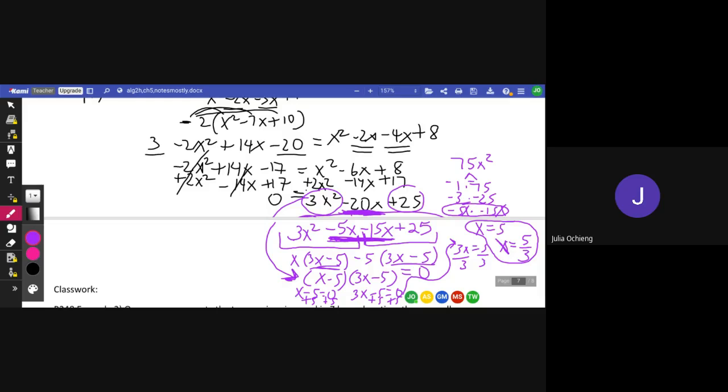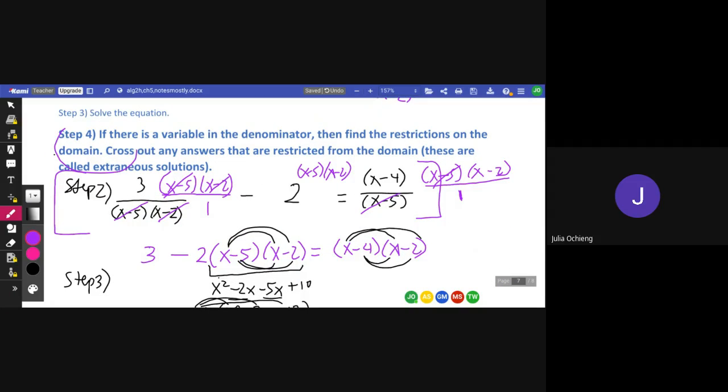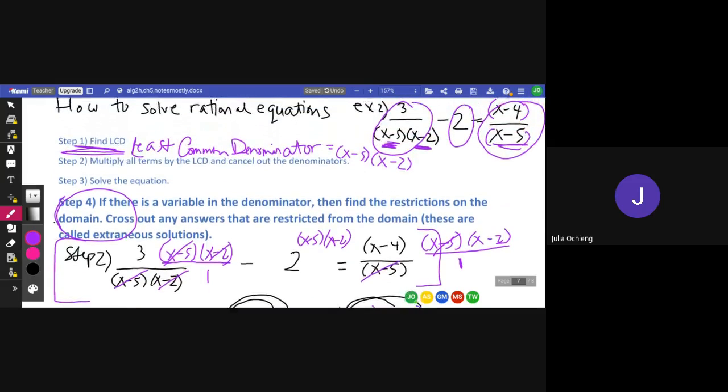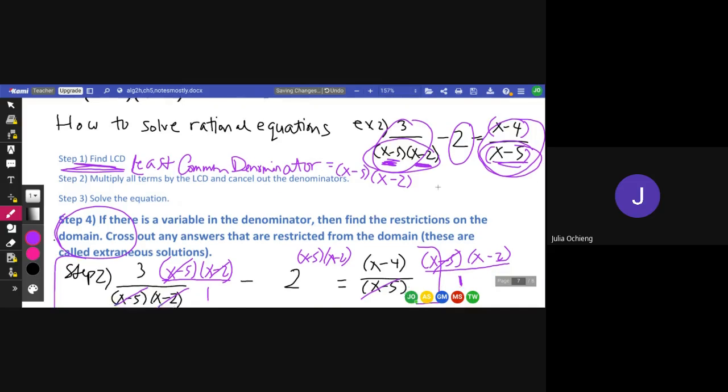Again, you would usually be done here, except for rational equations, or from now on, we're actually going to have to check if there's a fraction. Step 4, check the domain. Does that actually work in the domain? All right, so I'm going to do this only one way, which is to check the denominators of the original problem and see if any of those values makes the denominator equal to 0.